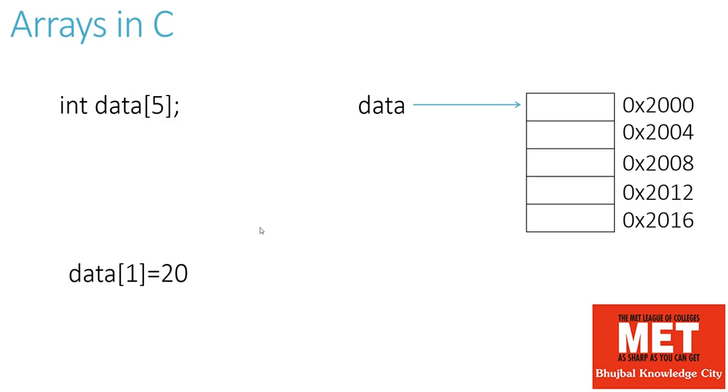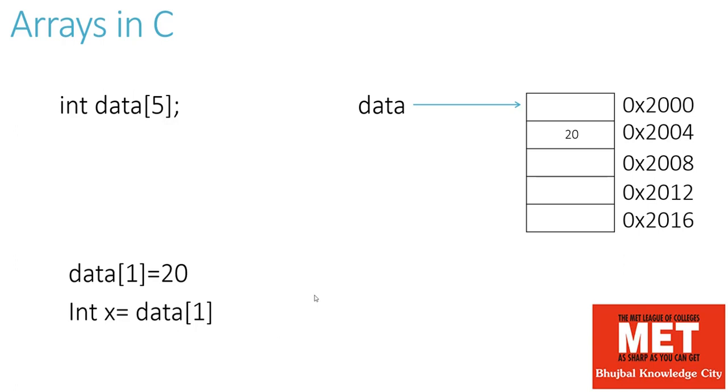This line will assign a value of 20 to the element at index 1. Since the array indexing starts from 0, the first element is this. And we can access the value and assign it to another variable using, say, int x is equal to data of 1.